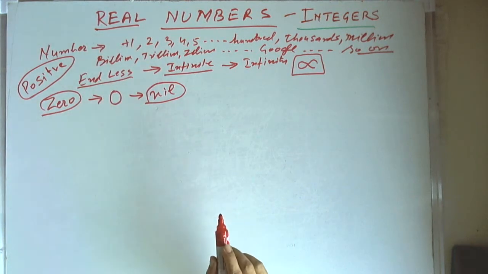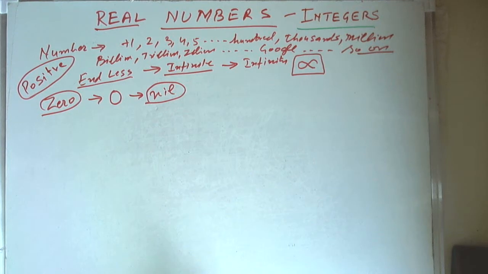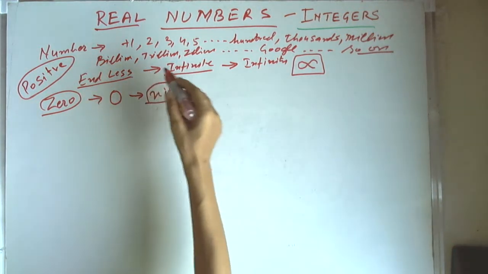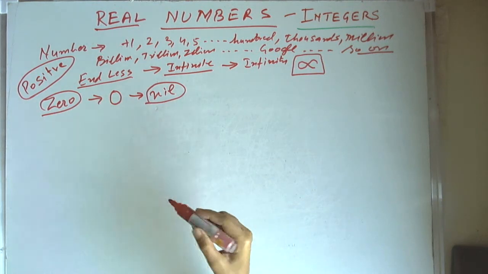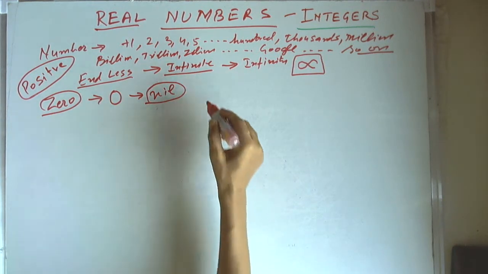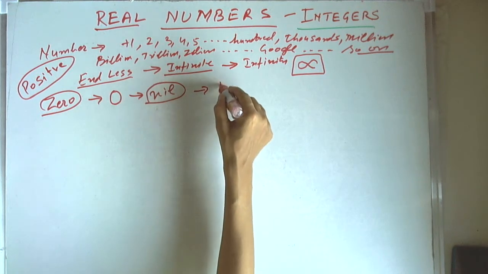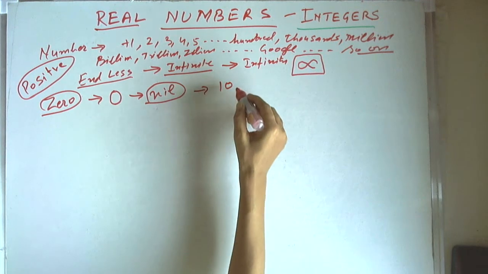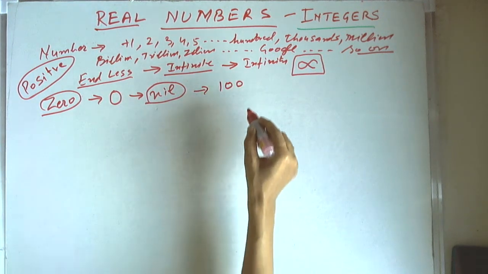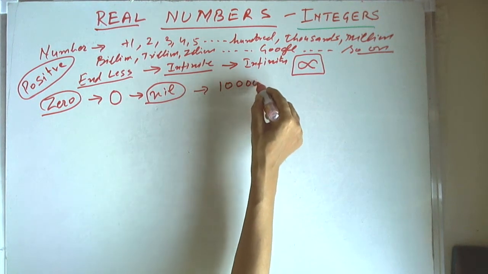So 0 by itself has no value, but it is the most important concept in basic numbers, which helps us in understanding and even writing numbers like millions, billions, thousands. If you put 0 after 1, then it becomes 10. If you put 1 more 0, it becomes 100.